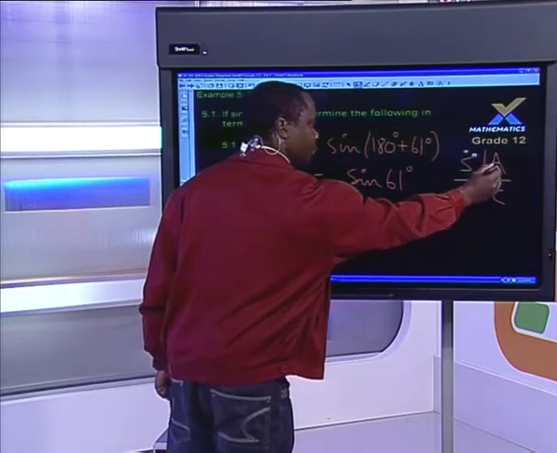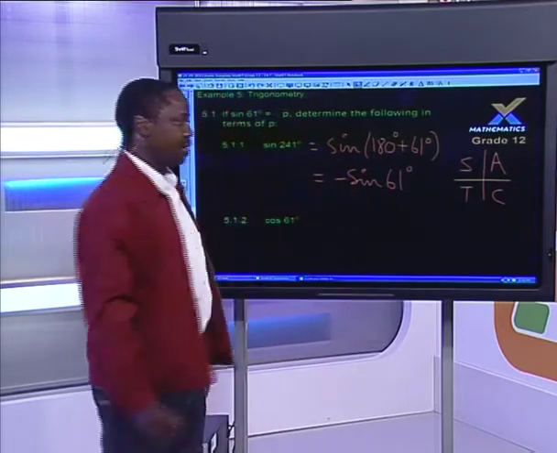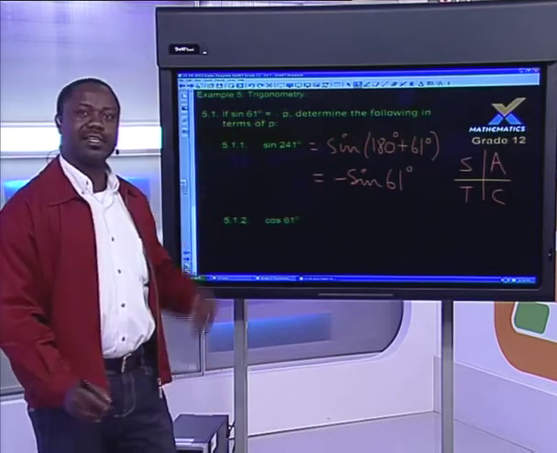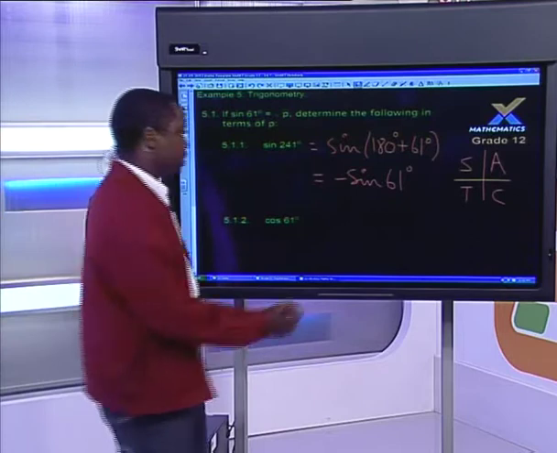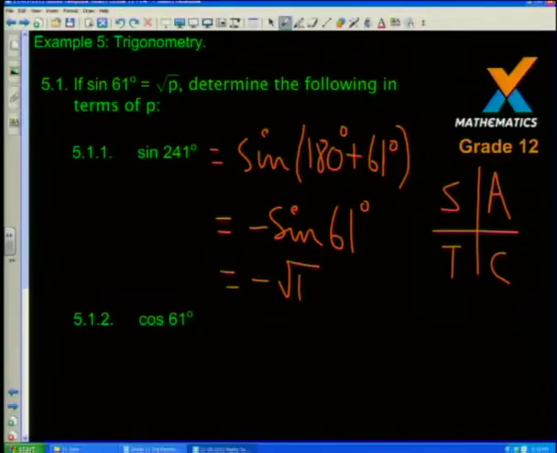It's only positive in the second, therefore it's negative over there. Then you assign a negative to that sine 61. And we know that sine 61 is square root of p, which means our answer is minus square root of p. There is your answer to the first question.